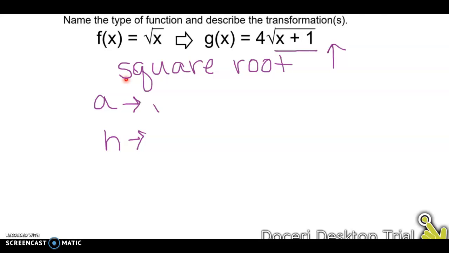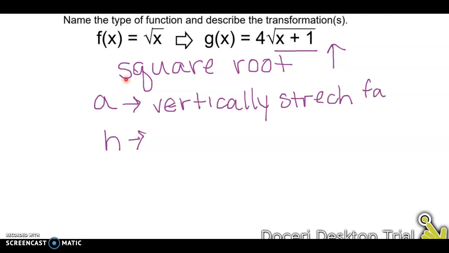So it is going to vertically stretch by a factor of 4. And then our h, remember that's kind of opposite, says plus 1. So you would think of 1 plus 1 going to the right, but because it's the h, that means it's going to move left by 1.